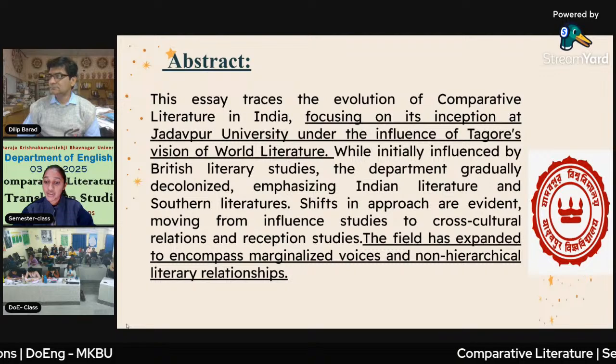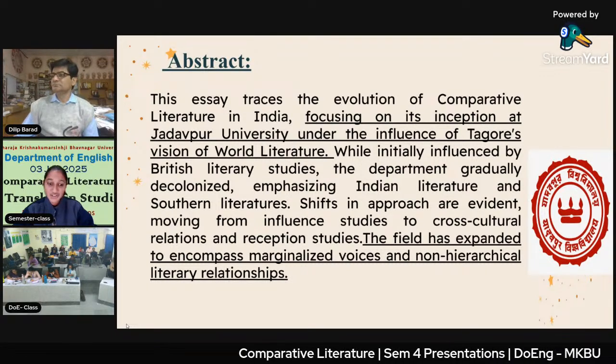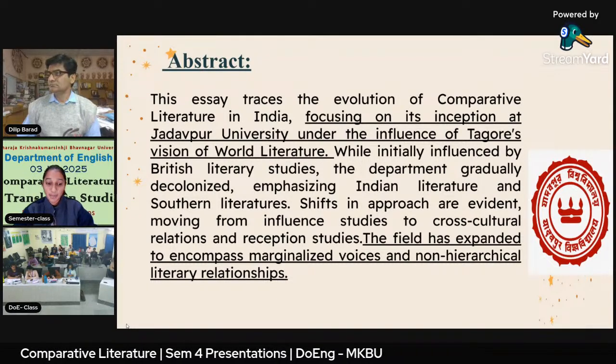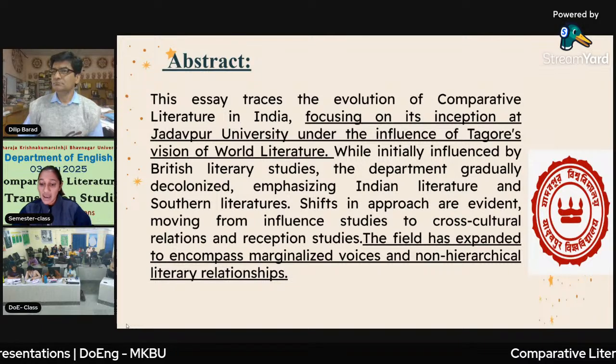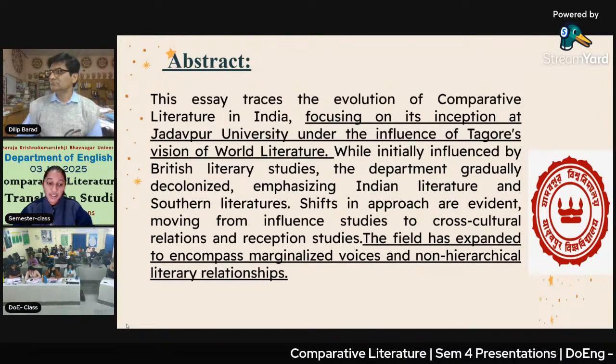The approach shifted from influence studies to cross-cultural relation and reception studies. The field has recently expanded to encompass the voices of the marginalized and non-hierarchical relationships.